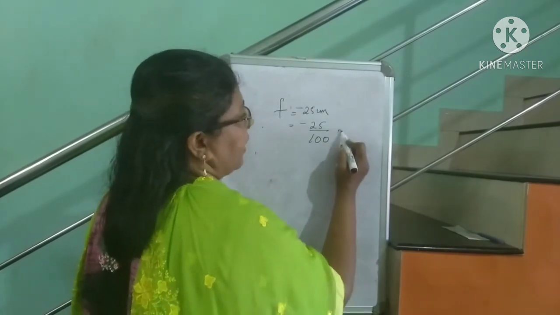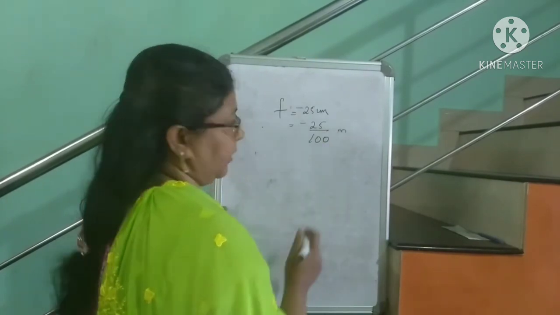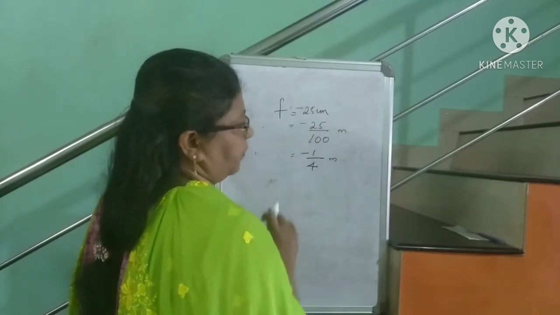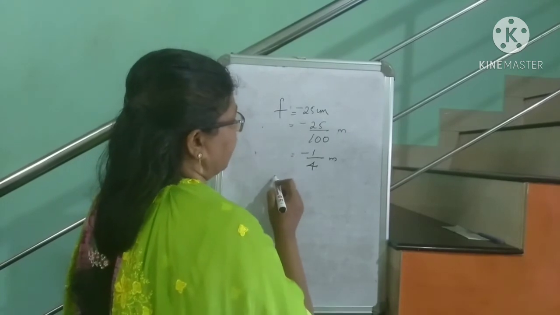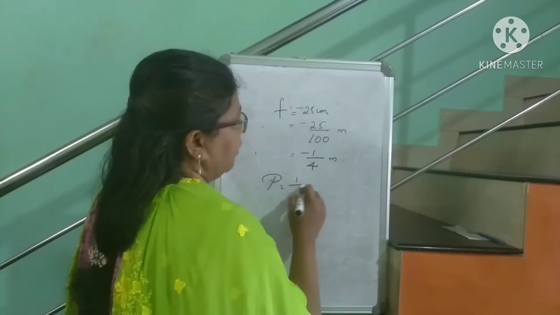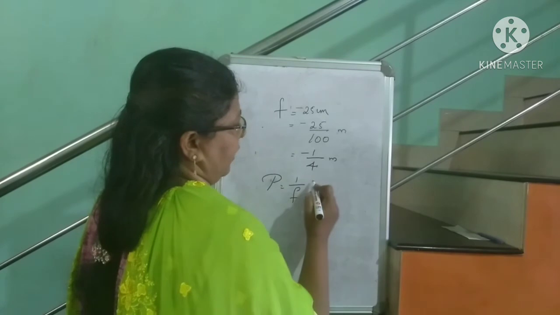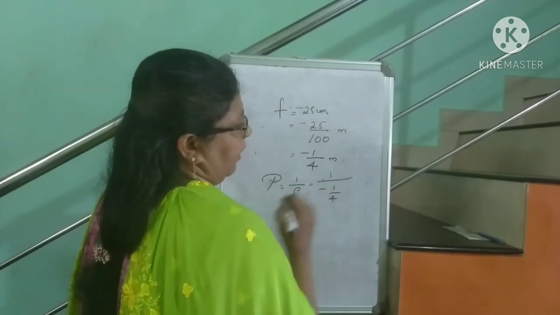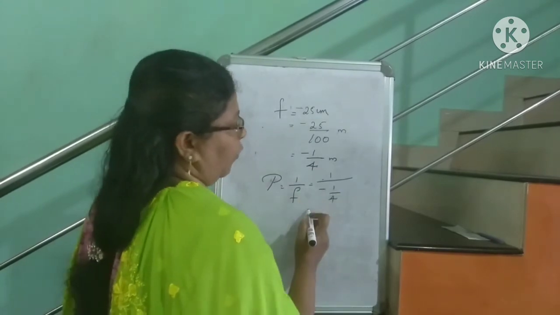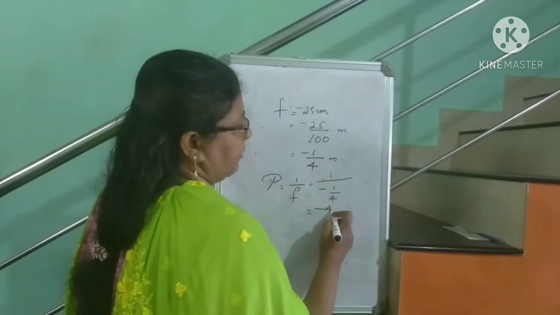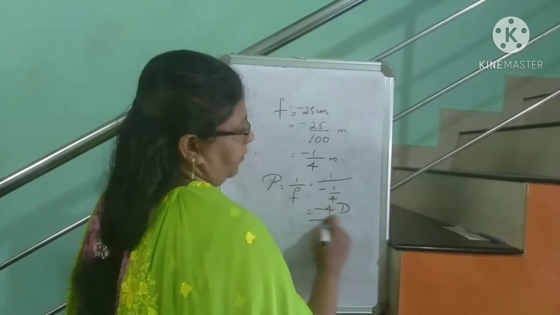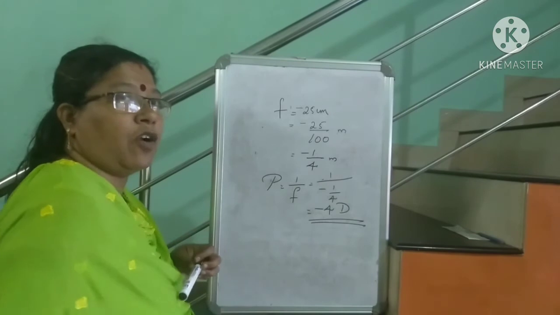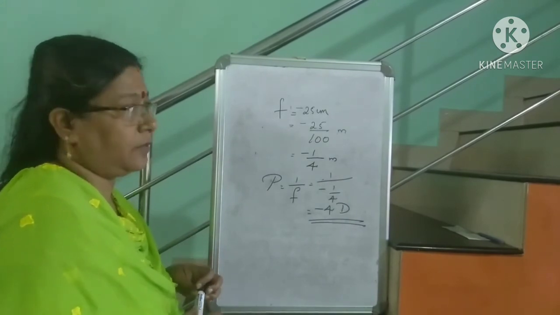So minus 25 by 100 meter. 25 by 100 will give you 1 by 4. Then what is the power? Power is reciprocal of focal length. That is 1 divided by minus 1 by 4. So 4 will go up. So the power is minus 4D. This is how you find the power of a concave lens.